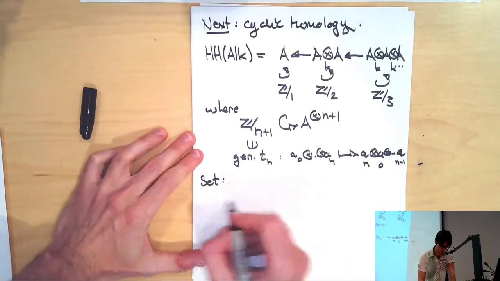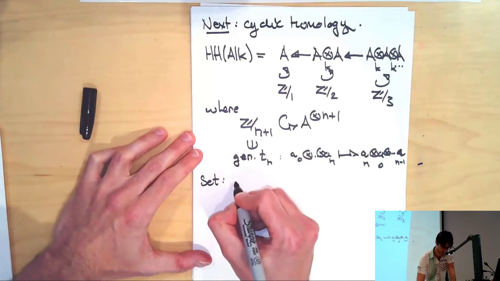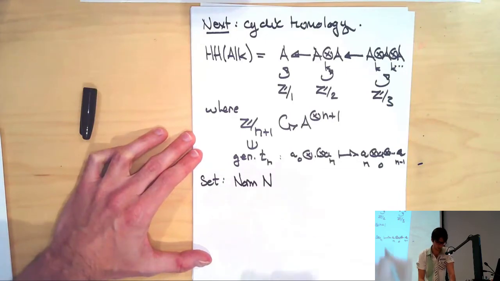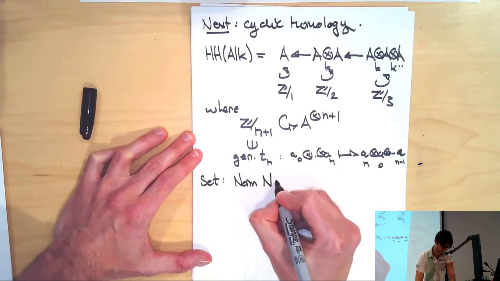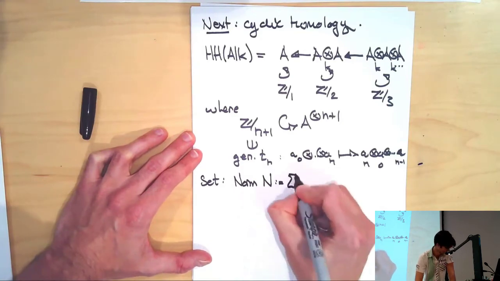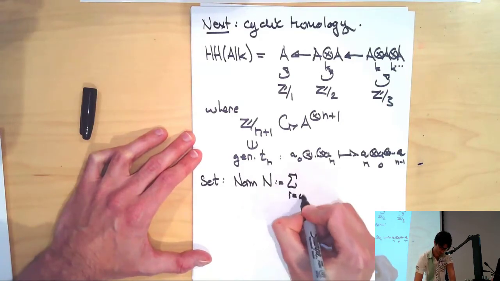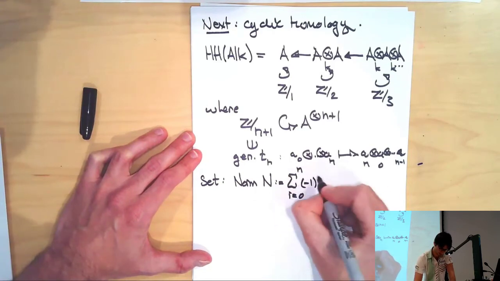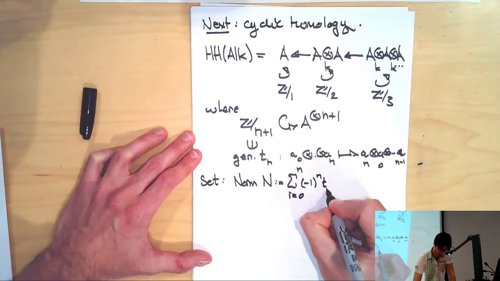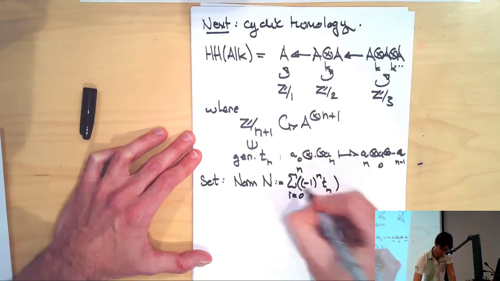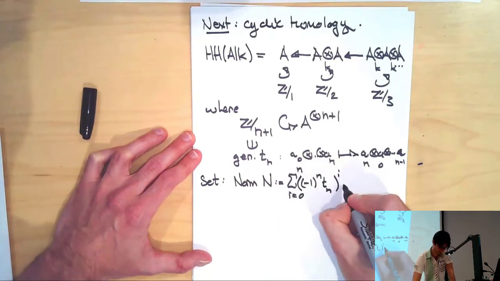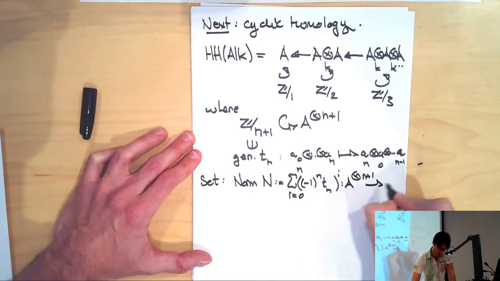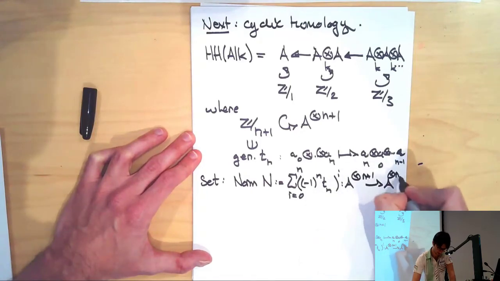But for the moment, let me just adopt the very explicit formulae. So one introduces some map called the norm. So this will be the sum, and I've got to always check the signs and the n's or the n plus 1's, minus 1 to the n Tn, and I take the alternating sum of these, and that will go from A tensor n plus 1 to A tensor n plus 1.